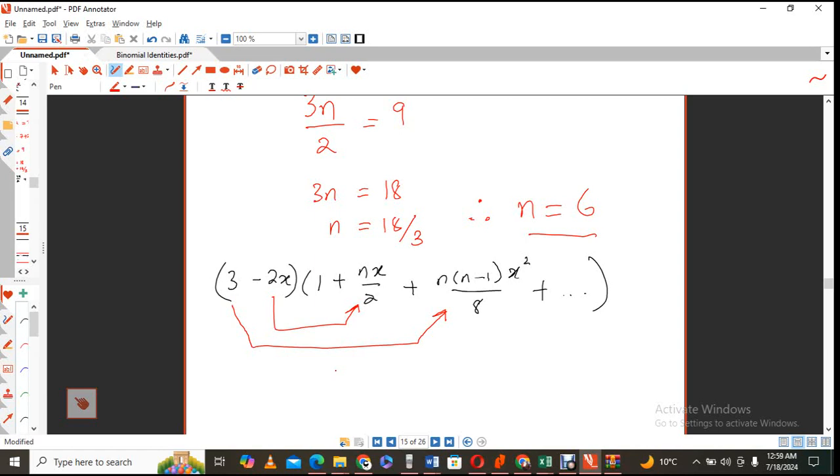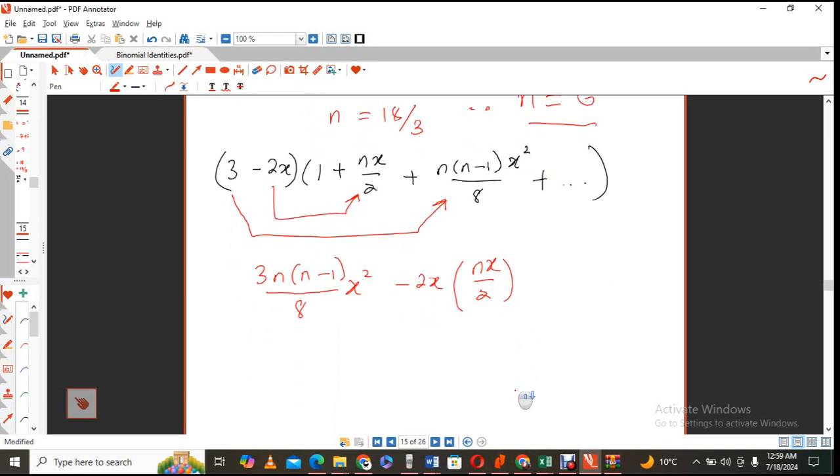So the 3 times gives 3n(n minus 1) over 8, leaving x squared aside. And then the second one is going to be negative: if you multiply the negative 2x here by nx over 2, this is where I'm going to get x squared.